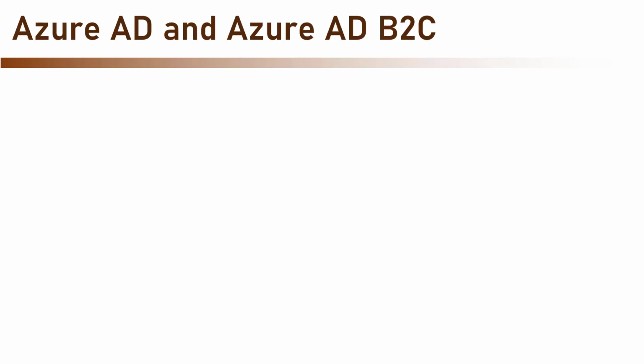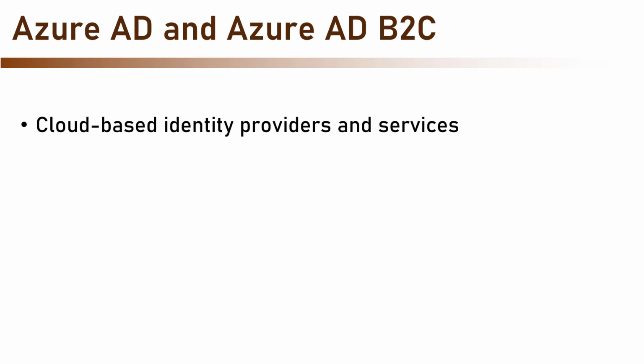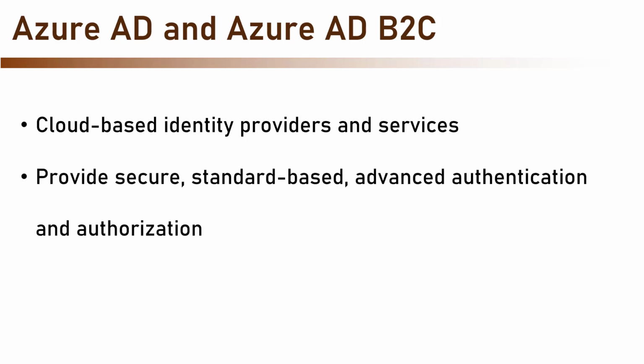So, what are Azure AD and Azure AD B2C? Well, first, they are cloud-based identity providers and services, and we will discuss the difference between identity provider and identity service later in this course. In addition, they both provide secure, standard-based advanced authentication and authorization.